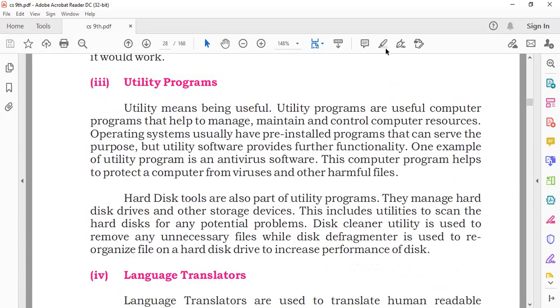And now we have to talk about the utility programs. What is a utility program? It is a kind of system application that gives the command to perform a specific task, generally pertaining to the maintenance or operation of the system resources.